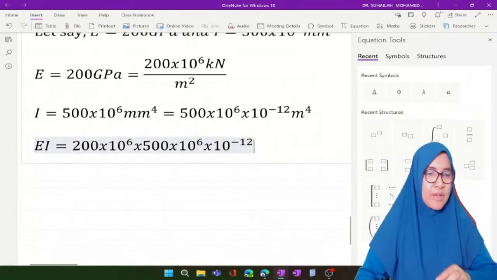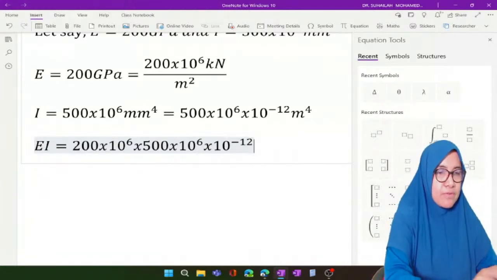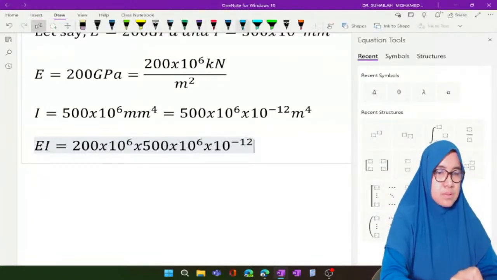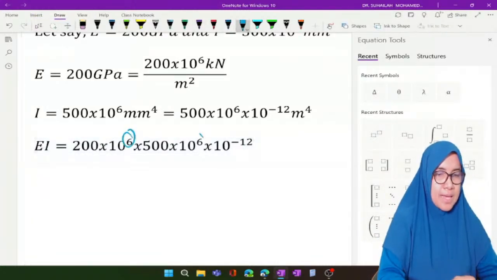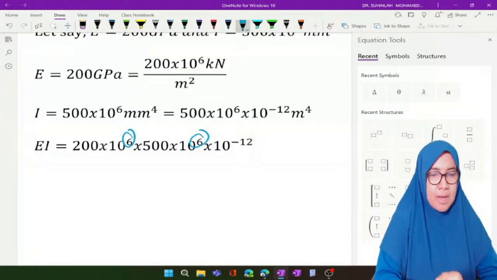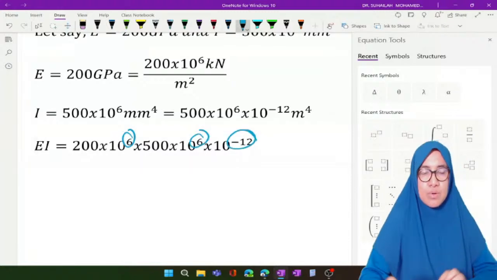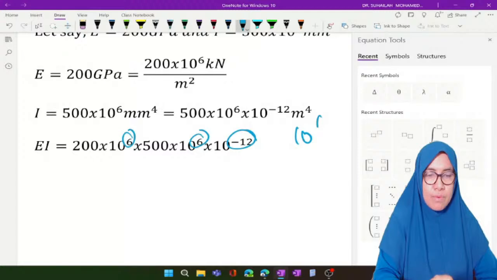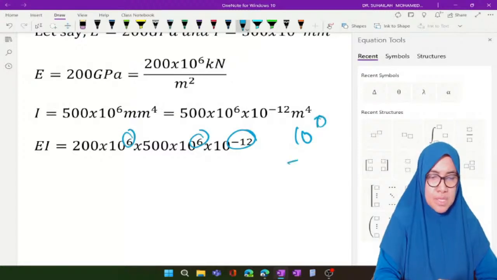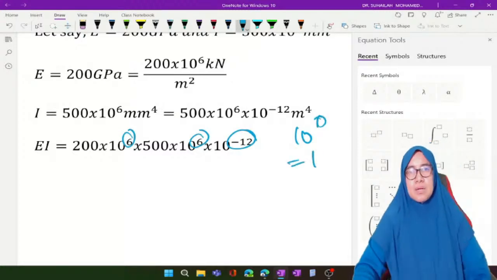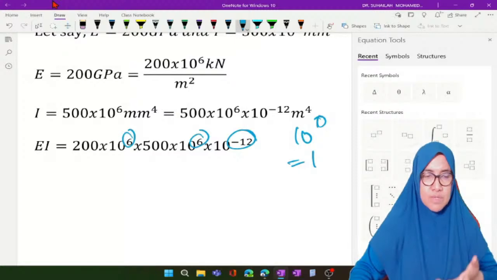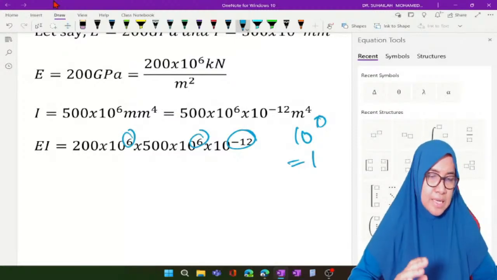And we have 12 here. We have 12. 6 plus 6, 12 minus 12, it is equal to 10 power of 0, which is equal to 1. Okay, 10 power of 0 is equal to 1.